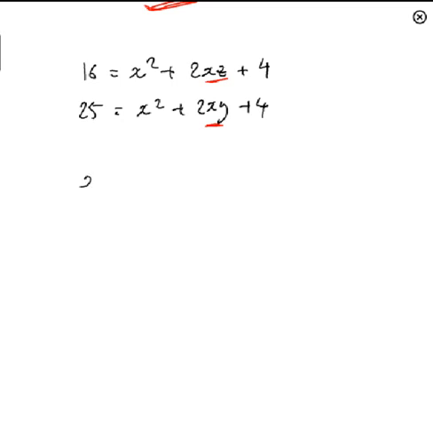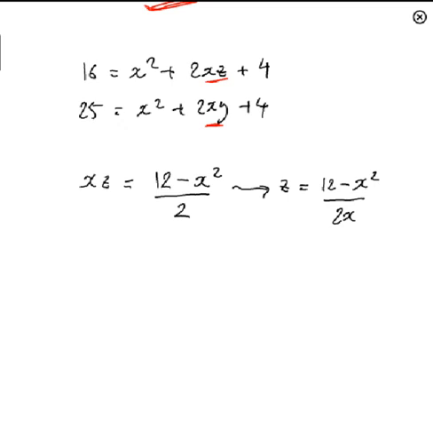We know that xz from the first equation is equal to 16 minus 4, which is 12, minus x squared, over 2, which tells us that z is equal to 12 minus x squared over 2x.